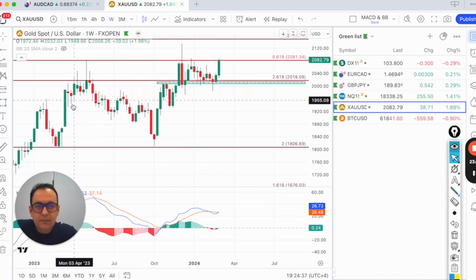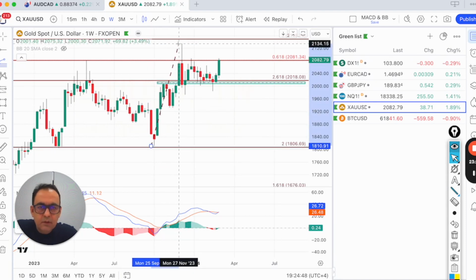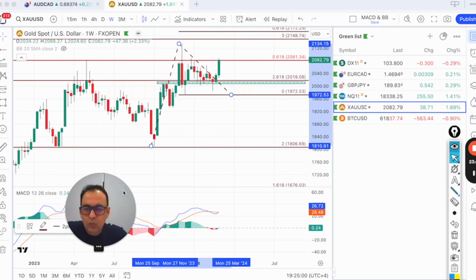And here I am going to use Fib extension one more time, starting from this low, the recent one, which was formed in October 23, taking to 2135, the high which was formed in December, and the higher low which was formed at 1972.